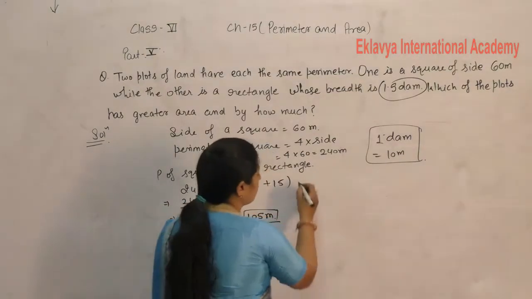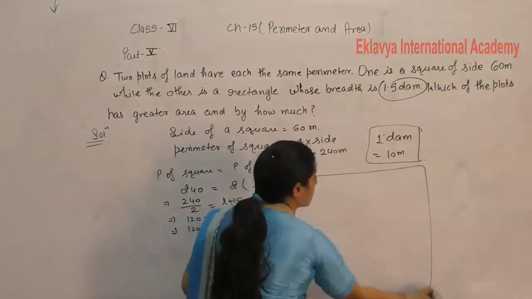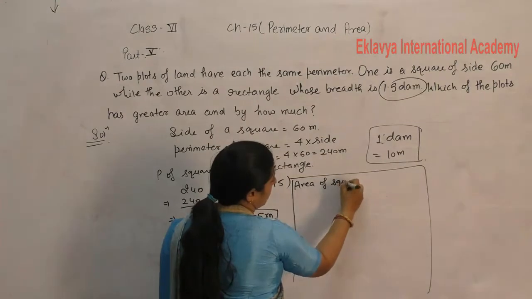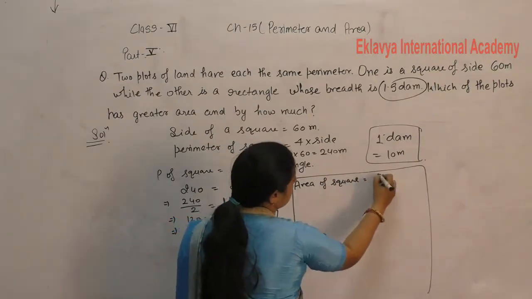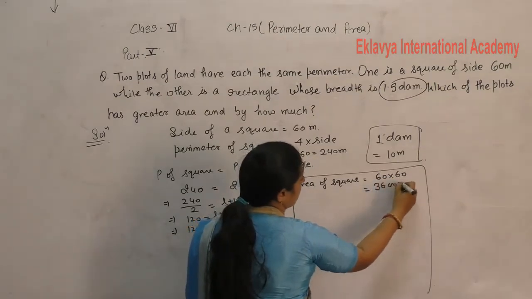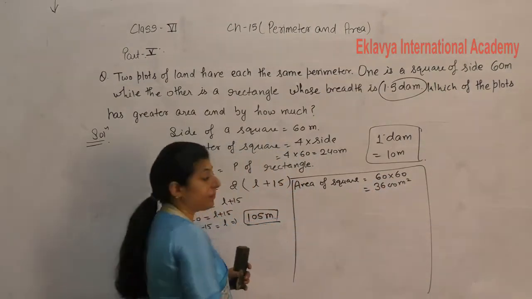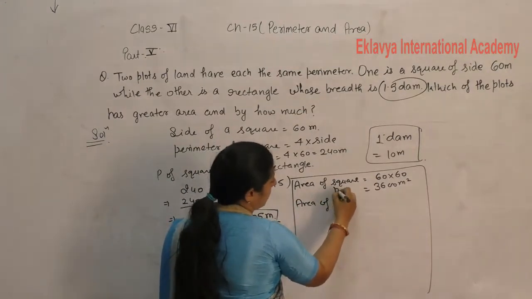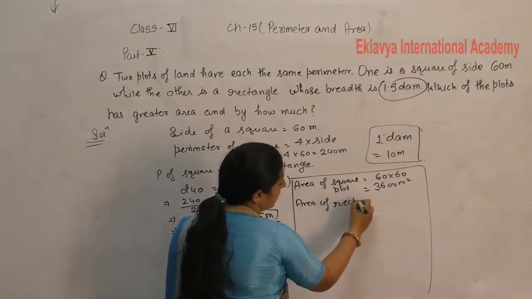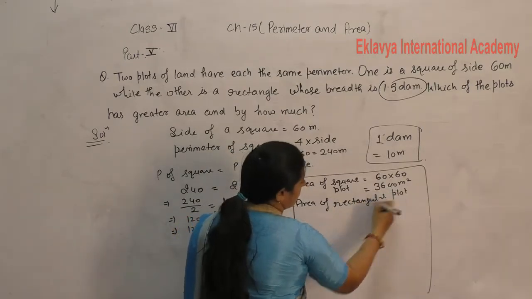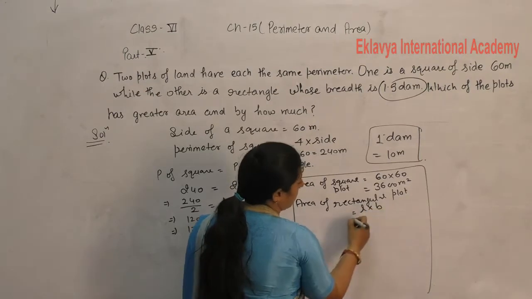So find out firstly area of square. Area of square is equal to side multiplied by side, 3600 meter square. Area of rectangular plot is equal to length multiplied by breadth.